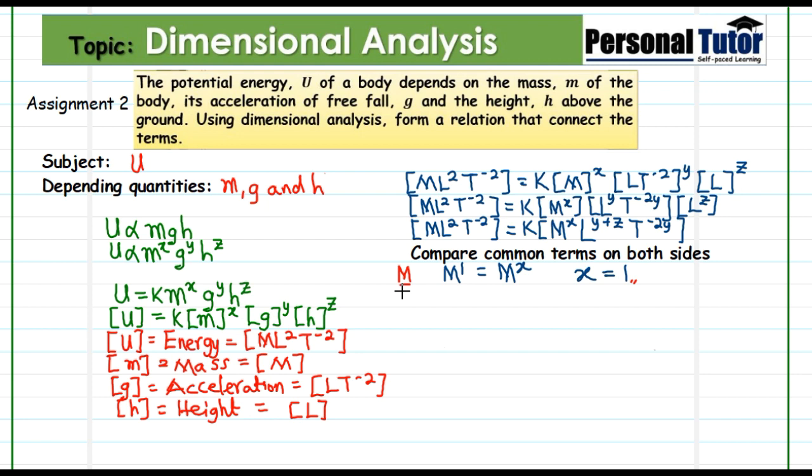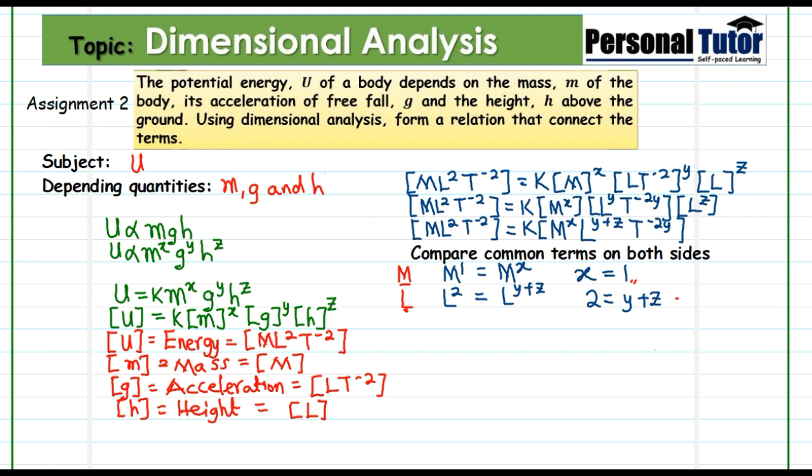Let's consider the other term, that is L. On the left hand side, L is to the power 2. On the right hand side, it has Y plus Z. Since the bases are the same, the exponents are also equal, and that generates an equation as 2 equals Y plus Z.